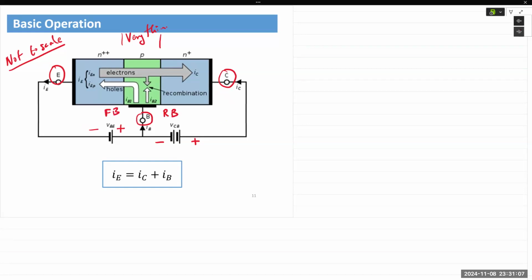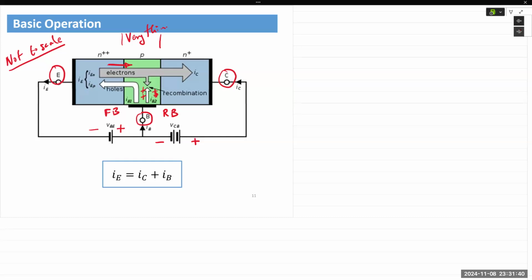Now, what this does is, the base emitter region behaves like a PN junction diode. You have the majority carriers of electrons that cross over to the right and they go into the base region. Now, when they reach the base region, you will expect recombination to take place, meaning the electrons that are crossing over will recombine with the holes that are present in the p-type material.